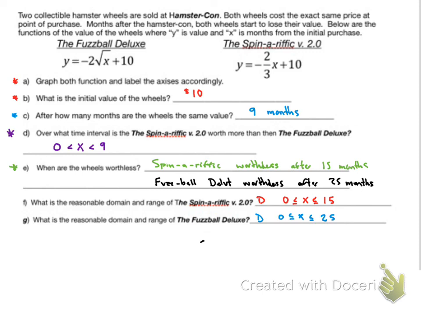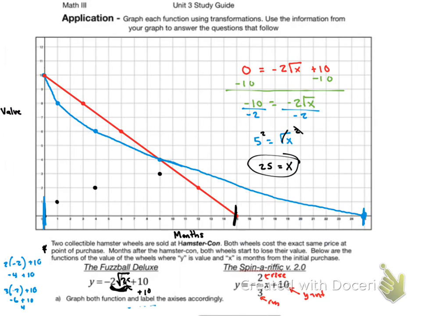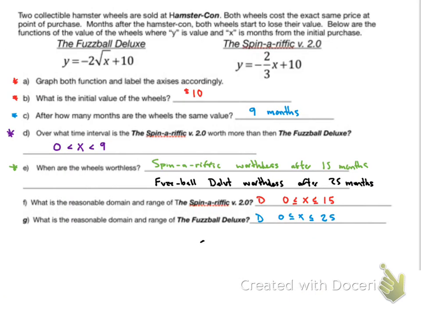Okay, so now determining ranges for these, and ranges are going to be the y values. So if we're looking at spinorific, our y value, the lowest point is at 0, and it goes up to 10. So the range, domain is x values, range is y values. It's from 0 to 10.